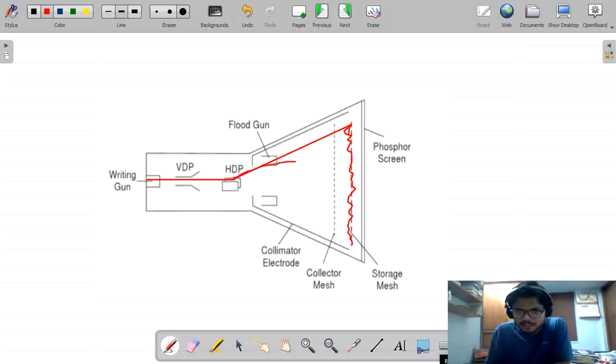In this format, these electrons will strike the screen of the storage mesh. The electrons will strike continuously on the screen of the storage mesh like this.